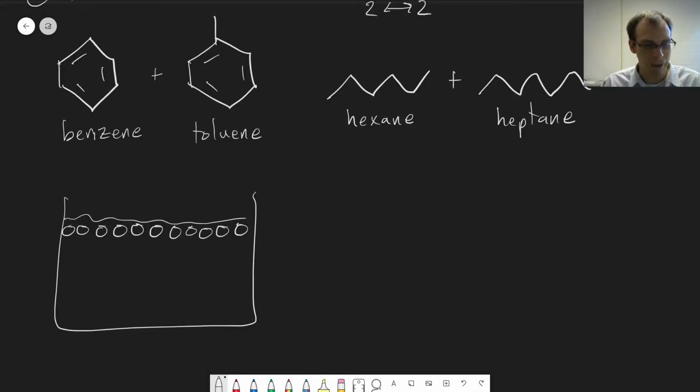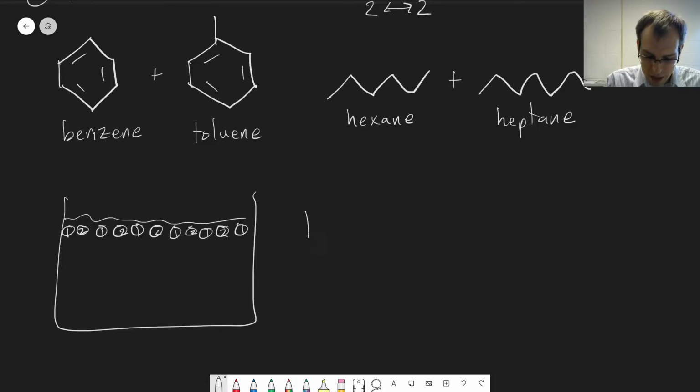If we have the surface of our solution and things are randomly distributed, we roughly have an even distribution, provided the mole fraction's equal, of 1s and 2s at the surface of the solution. Things at the surface are going to be random. So the fraction of molecules of 1 or 2 that you have at the surface is going to be the same as throughout the rest of the solution. So it's just the mole fraction.